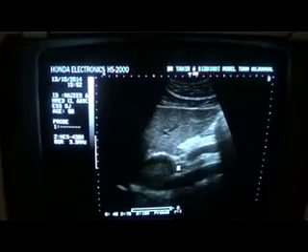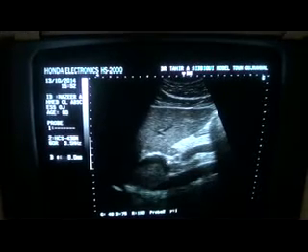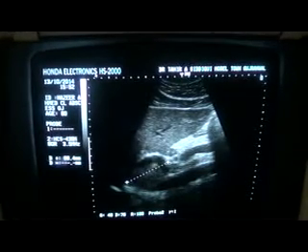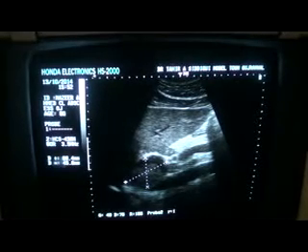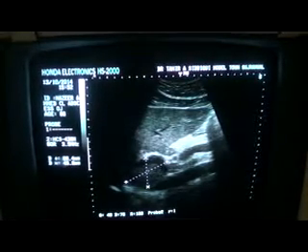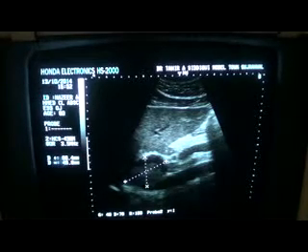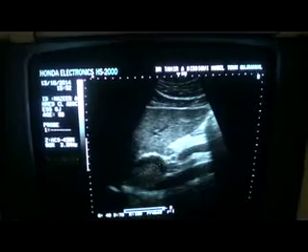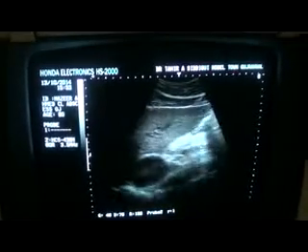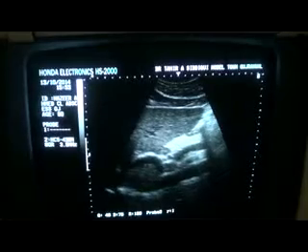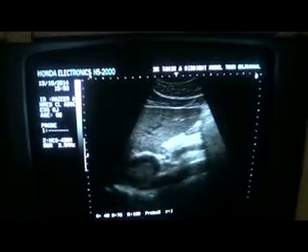So this is one of the pathologies. It measures approximately 6.6 by 4.5 centimeters, and it's a cystic mass relating to the left lobe of the liver, segment 1, or the caudate lobe of the liver.